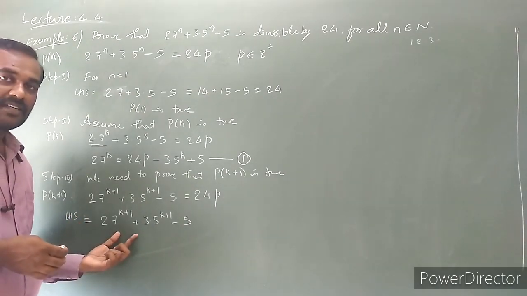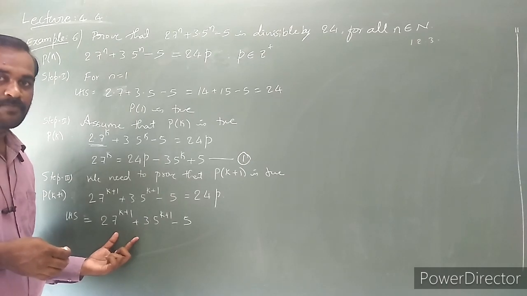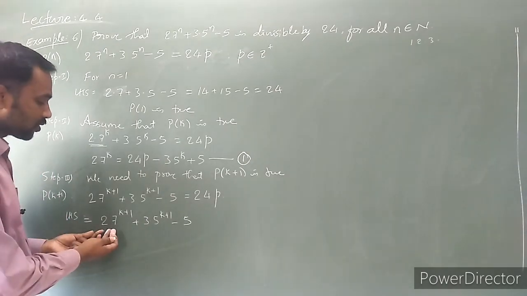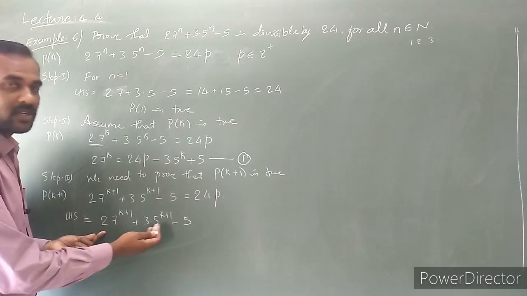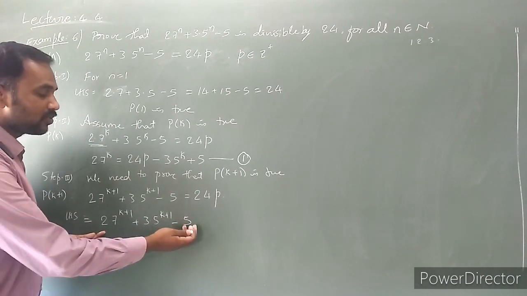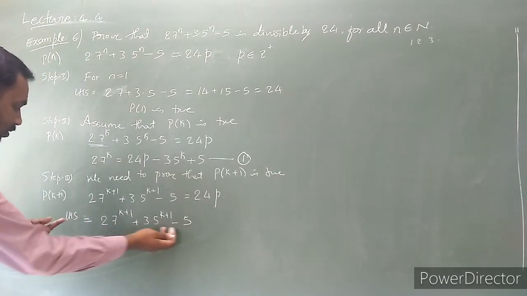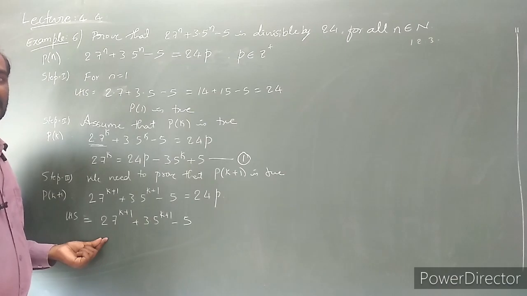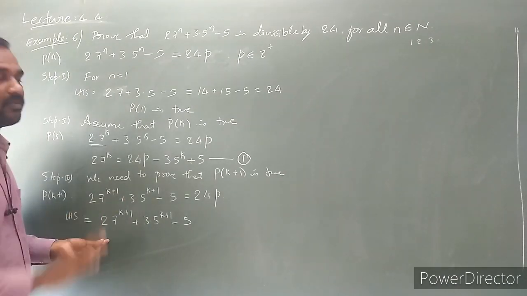We are required to say that this is divisible by 24. So it is sufficient to take 24 common. 24 should be common from the first term, from the second term, and from the third term. From all three terms we have to take 24 common. Then we can easily say that it is divisible by 24.